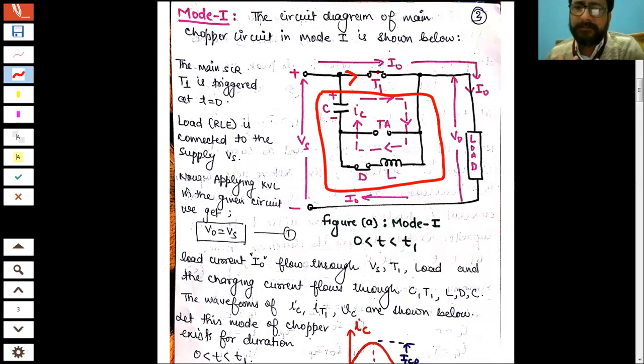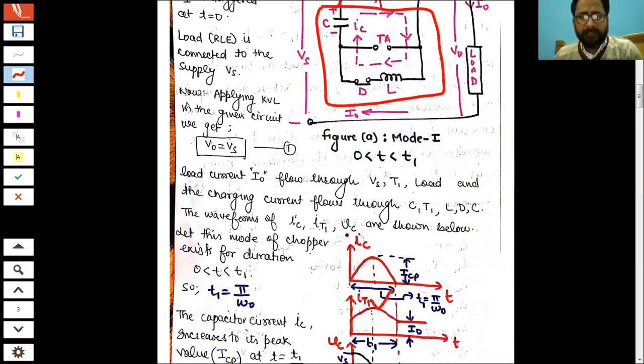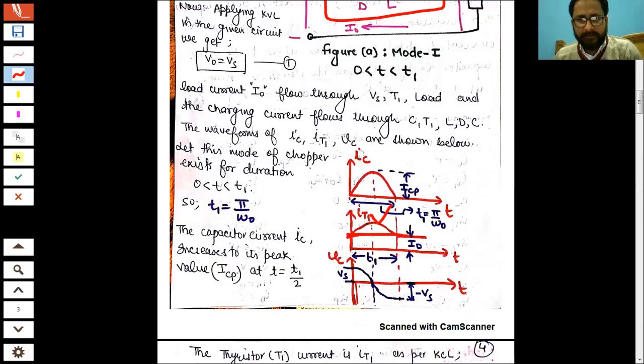I naught only, right? Because this current is not there. So that means you can see here IT1 is equal to I naught at time t is equal to 0.